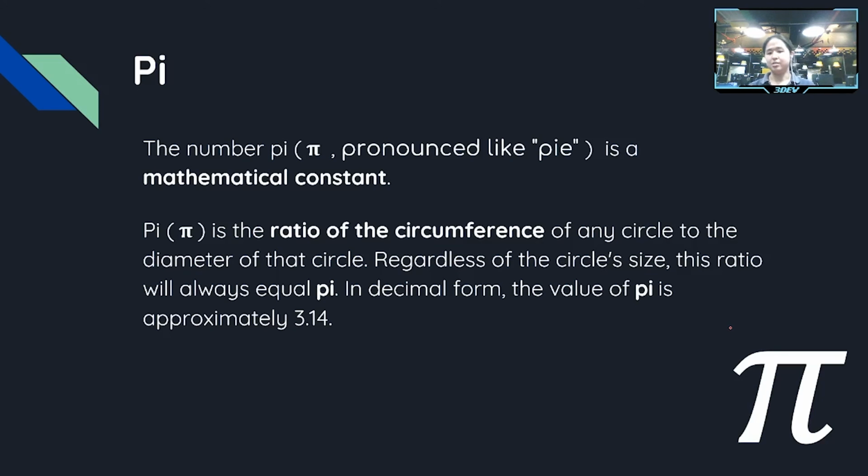Regardless of the size of your circle, the ratio will always be pi. The pi value is around 3.142 and so on. You can Google search for the full value of pi. It is an infinite number that you can hardly memorize, but you can take the challenge to memorize it. If you write it in fraction form, pi is roughly 22 over 7.